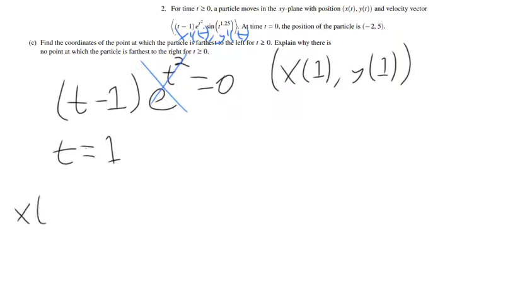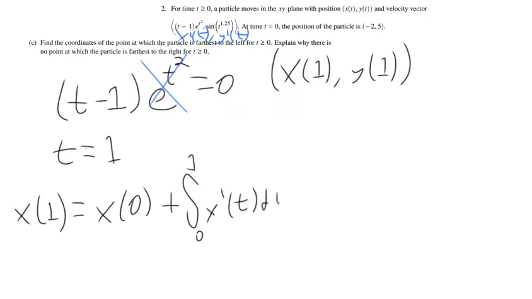Well, x of 1, how can we do that? We have an initial condition right here. For t equals 0, x is negative 2. So I want to have an x of 0 right here, plus the integral from 0 to 1 of x prime of t dt.